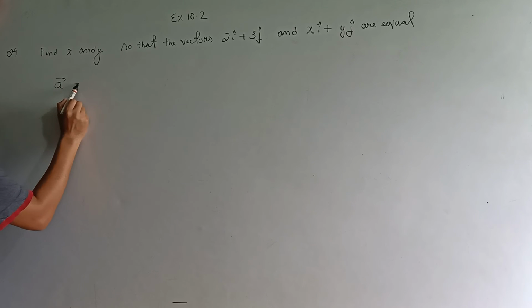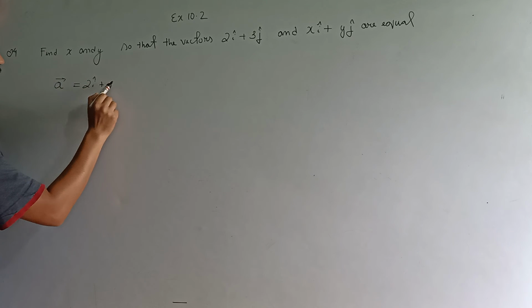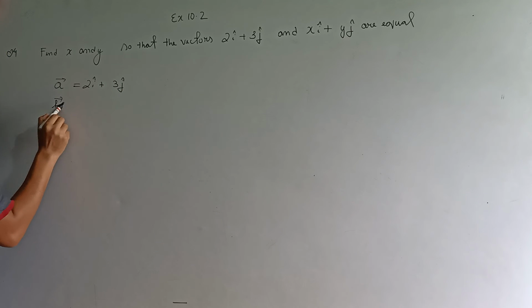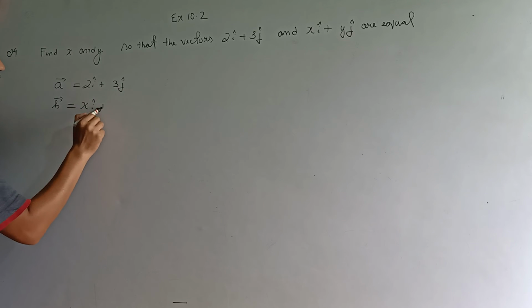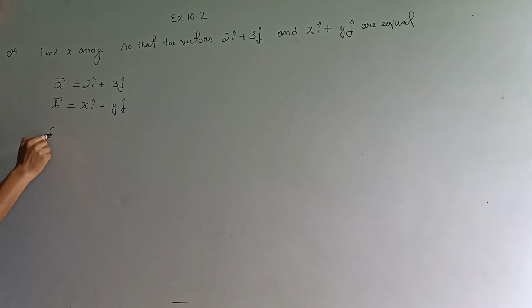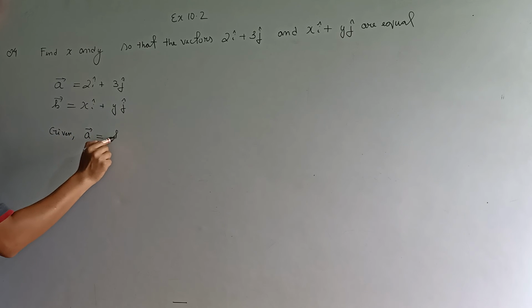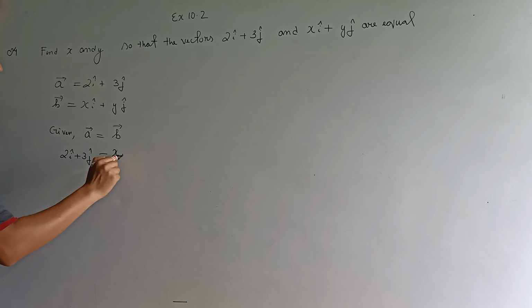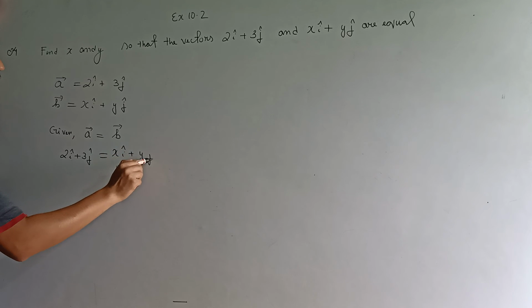Let vector A be 2i cap plus 3j cap. Let your vector B be xi cap plus yj cap. It's given that your vector A is equal to your vector B. Vector A means 2i cap plus 3j cap is equal to vector B means xi cap plus yj cap.